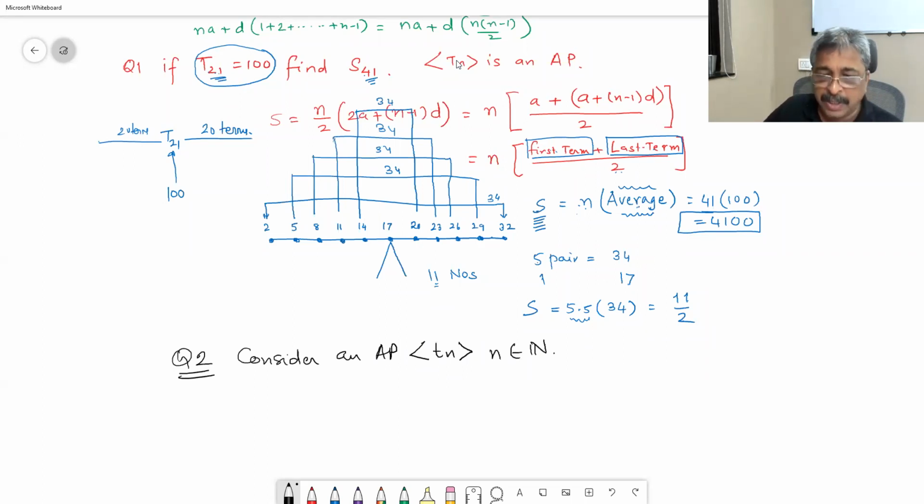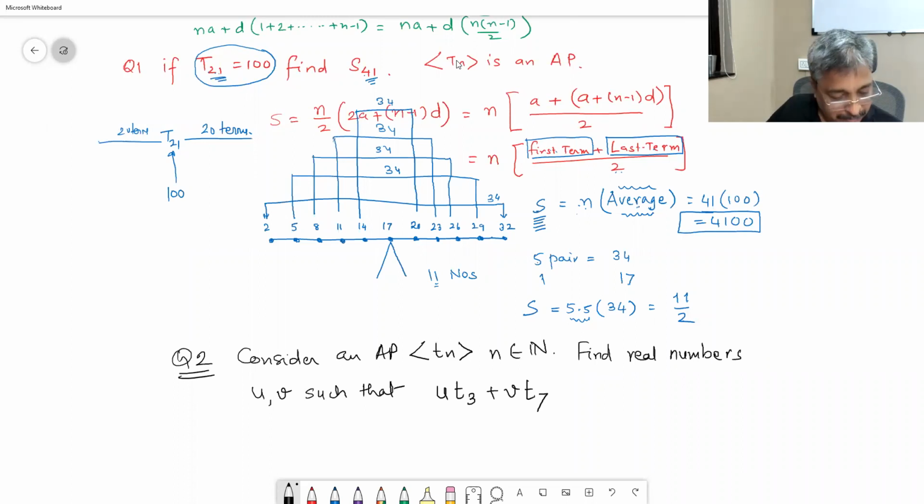Find real numbers U and V such that U T3 plus V T7 is equal to S100. Do you get it?